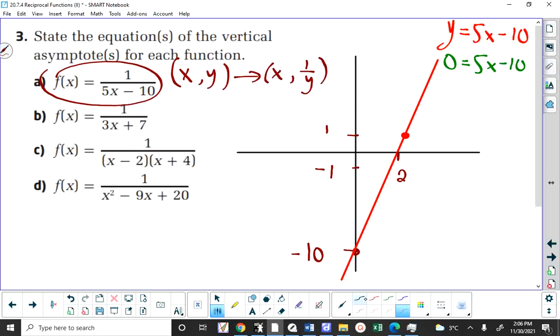All I have to do is say, if I take the y-coordinate of this point, which is 1, and I take the reciprocal of it, what do I get? Well, I get 1. So that point is invariant. This point will not move. Down here, the y-coordinate is negative 1. What's the reciprocal of negative 1? Negative 1. It doesn't move.